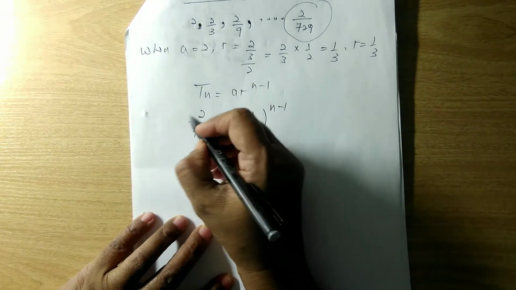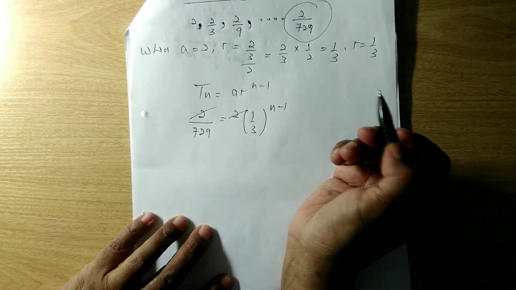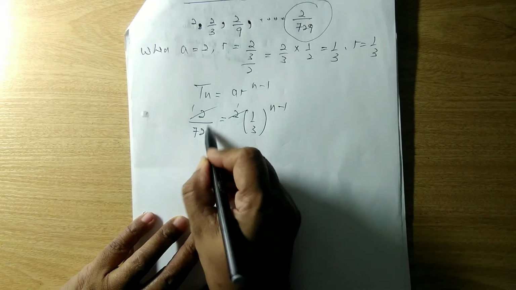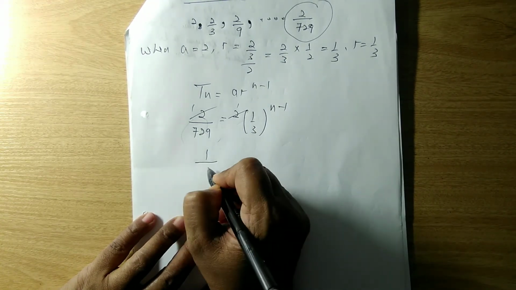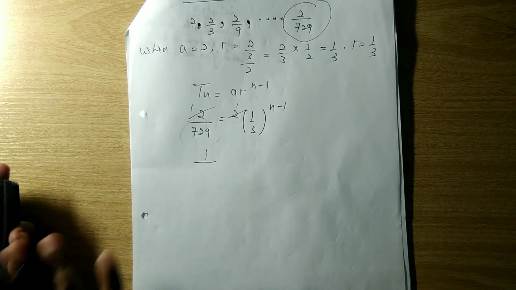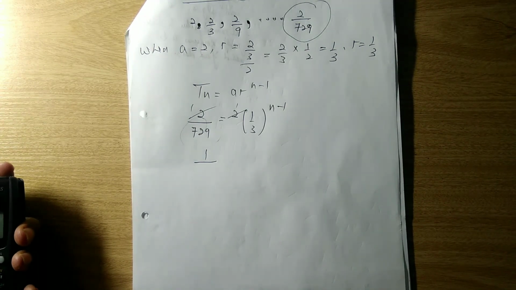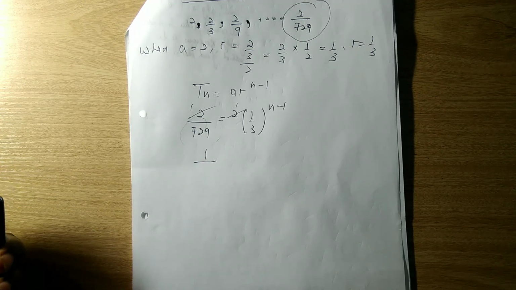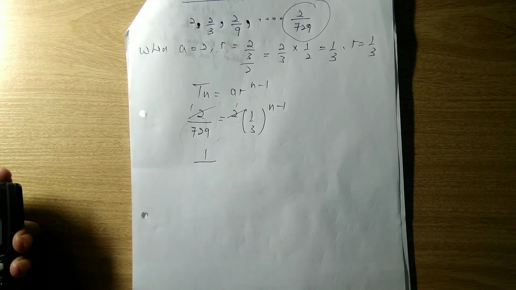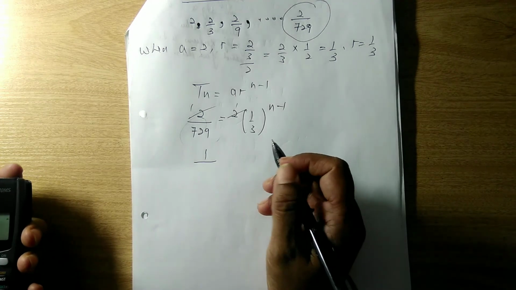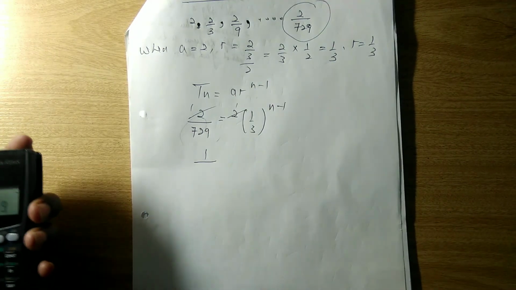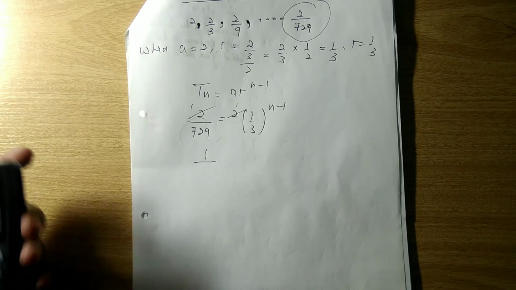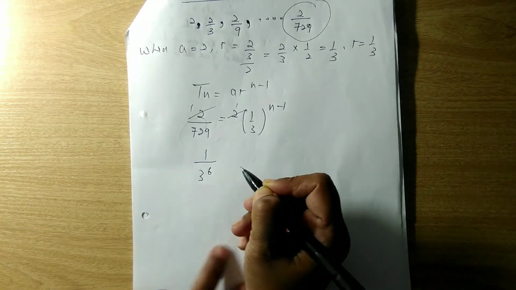This and this can cancel out, so you get a 1 here. 729 can be converted to 3 to the power of 6.